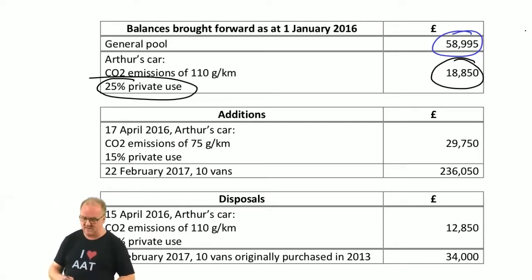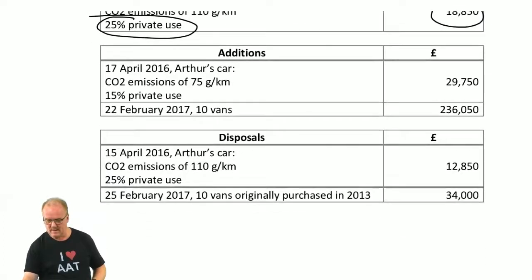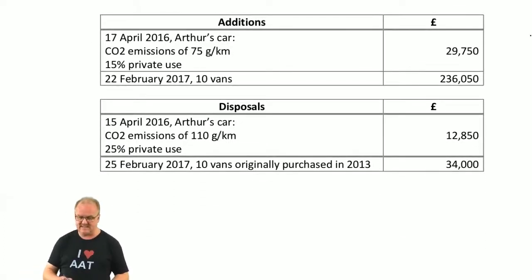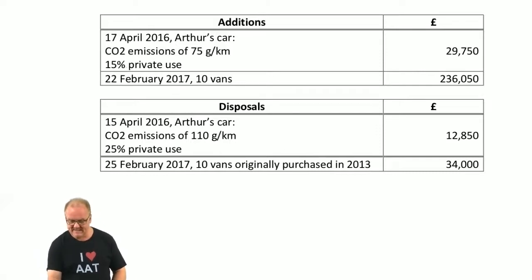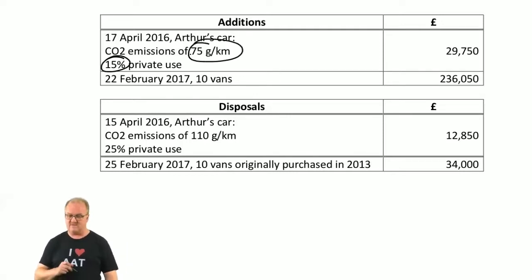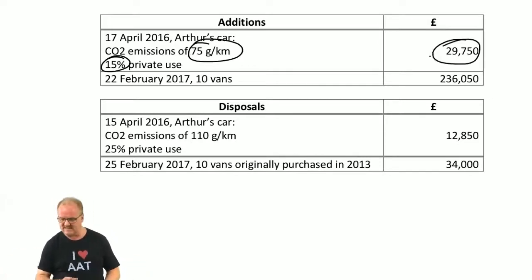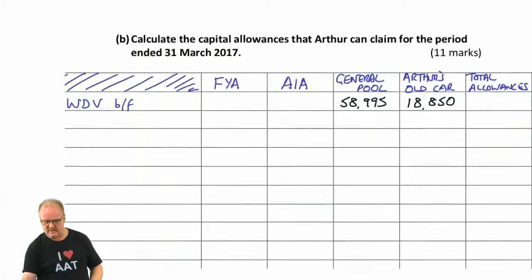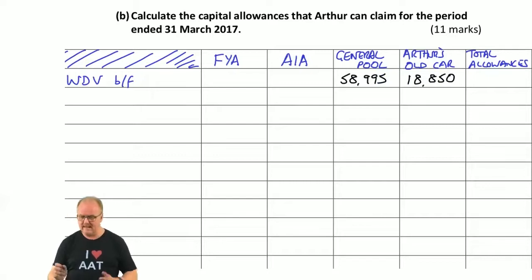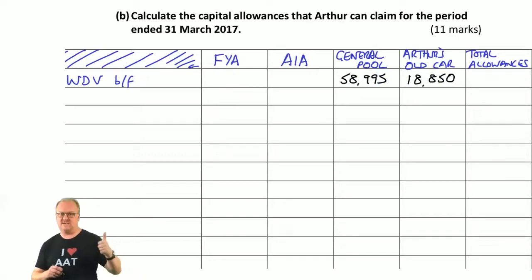We then have some additions. And during the year, it tells me that Arthur seems to have purchased another car. And this one is 15% private use, has CO2 emissions of 75 grams a kilometre, and costs 29,750. So down we go here. That is a first year asset.